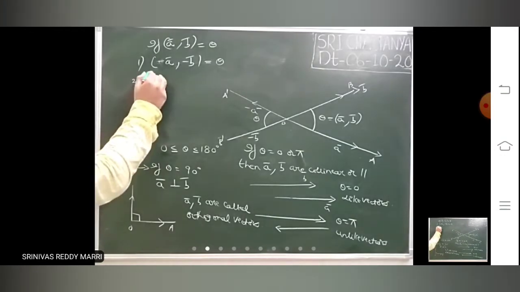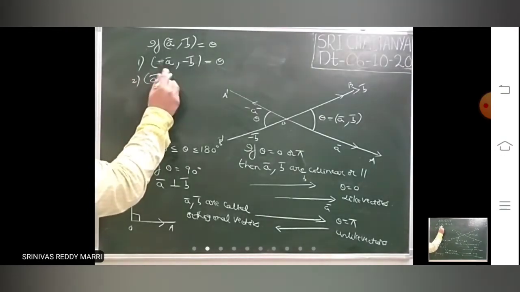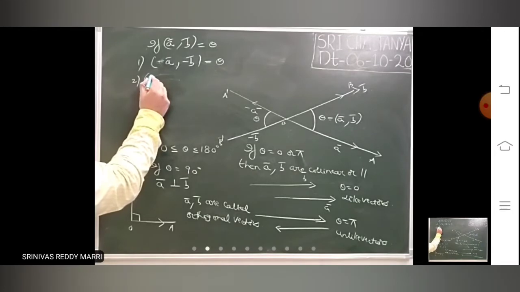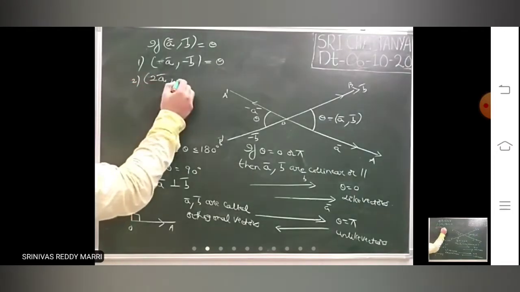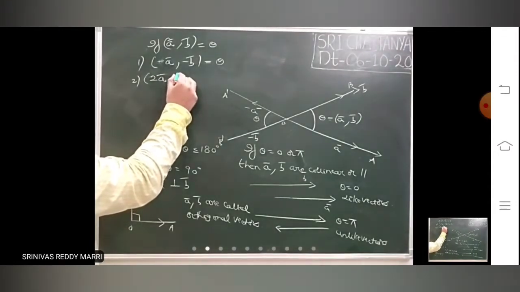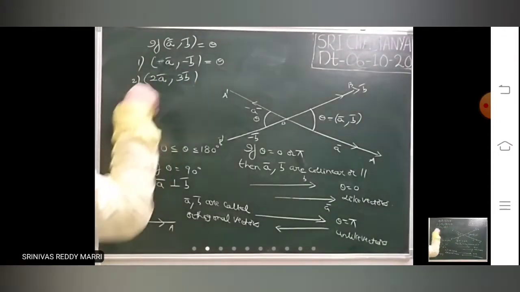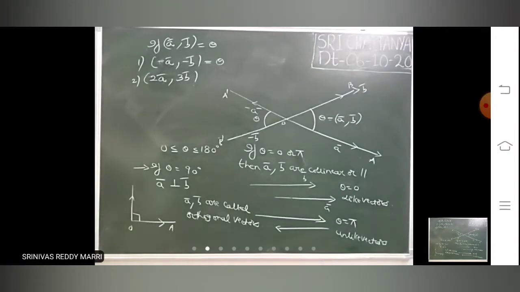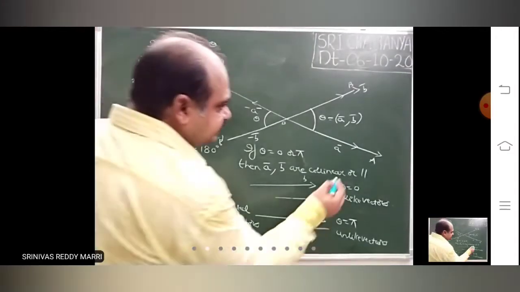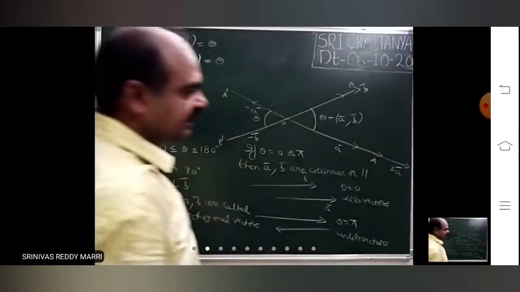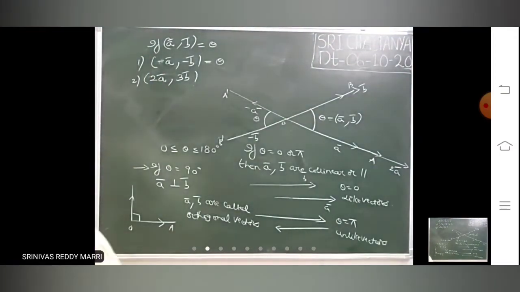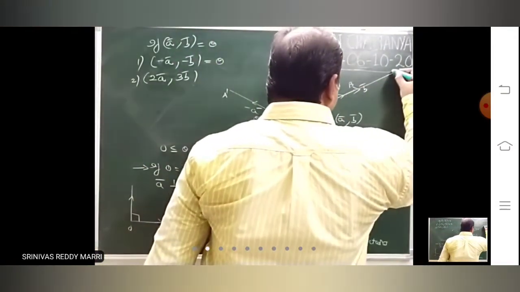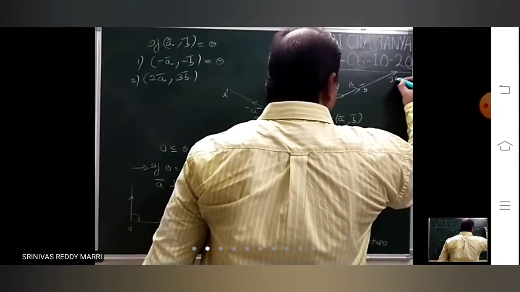Suppose we ask the angle between 2a bar comma 3b bar. 2a bar means it will have the same direction as that of a bar and double the magnitude. 2a bar will be in the direction of a bar, 3b bar will be in the direction of b bar.